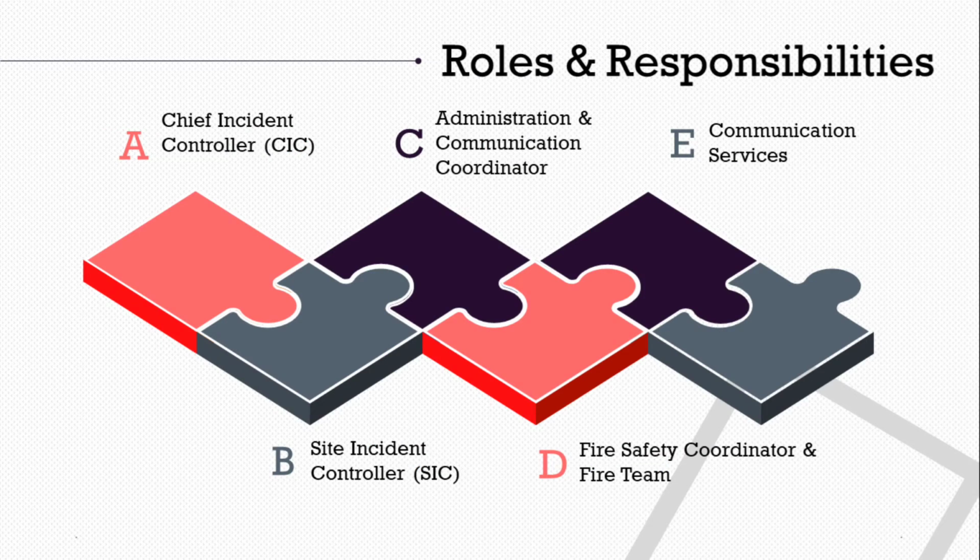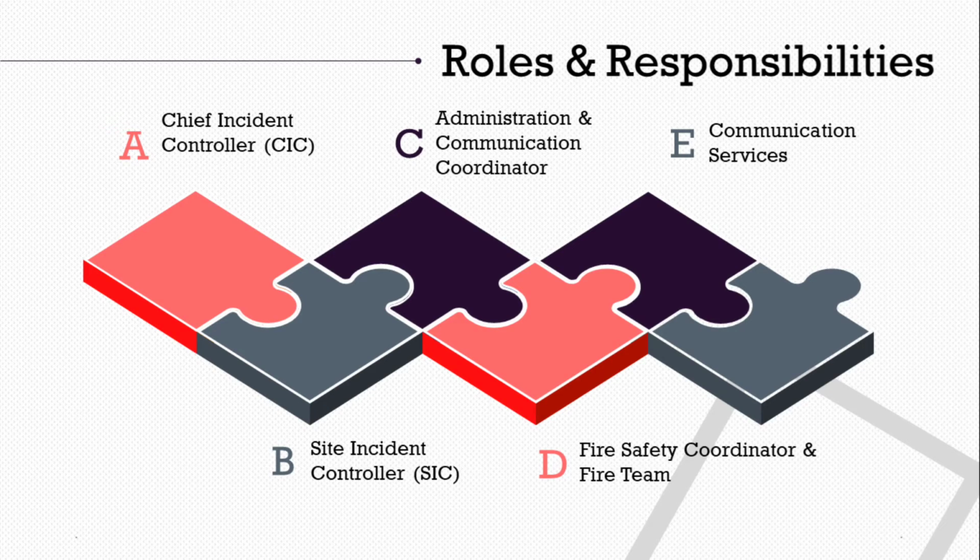So the roles and responsibilities of CIC and SIC. Chief Incident Controller: he has overall responsibility to protect personnel, site facilities and the public before, during and after an emergency or disaster.